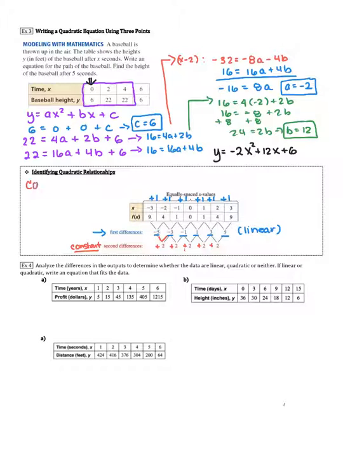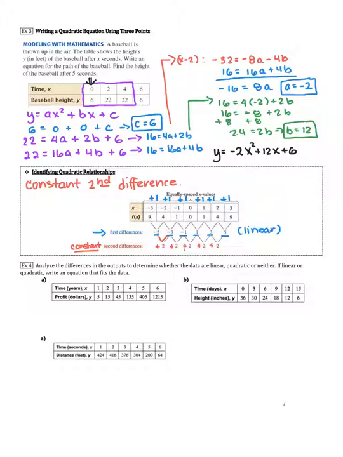So you're always looking for a constant second difference. And we aren't necessarily going to do it this year, but if I went further and found a third constant difference, that would tell me I have a cubic. Fourth constant difference would tell me I have a quartic. So that's one of the ways you can use your data to determine what type of function you have.